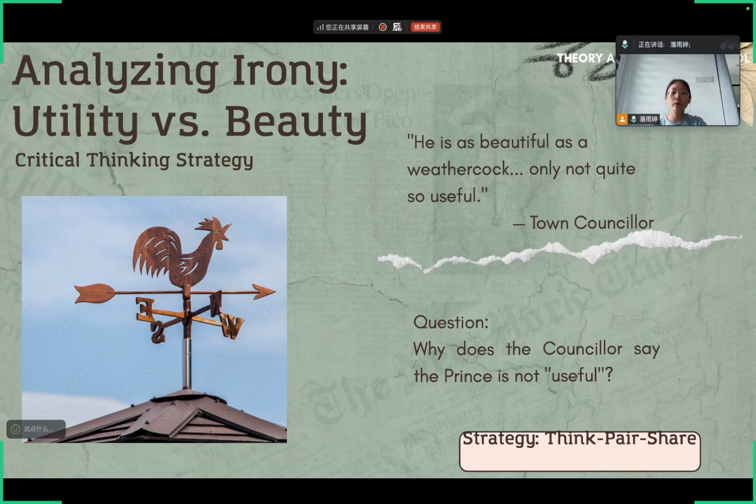Before I conclude, I want to briefly explain how I would handle the feedback session after the pair discussions. In a typical classroom, students might be very shy to share their ideas about loneliness, so to lower the affective filter, I will not ask individual students to stand up immediately.